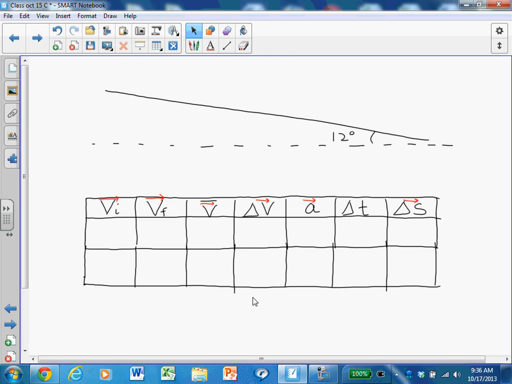Good. 2.3. Good. 2.4. And then 2.5. Good. That's 2.5. How about 2.3, 2.4? Okay, good.